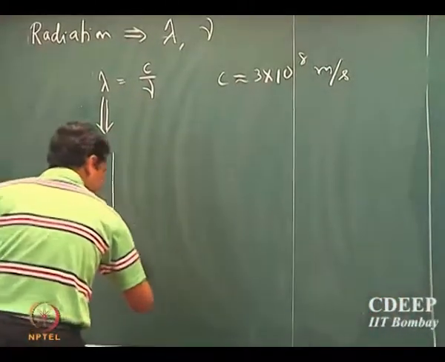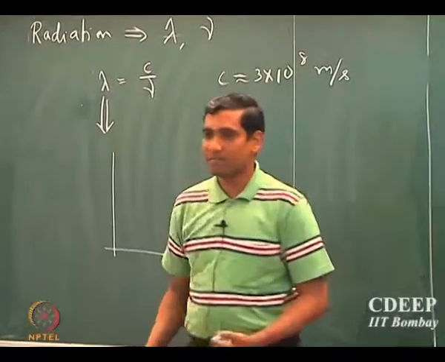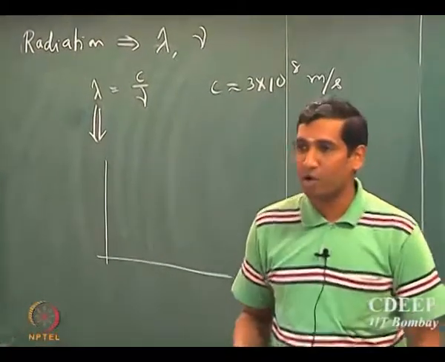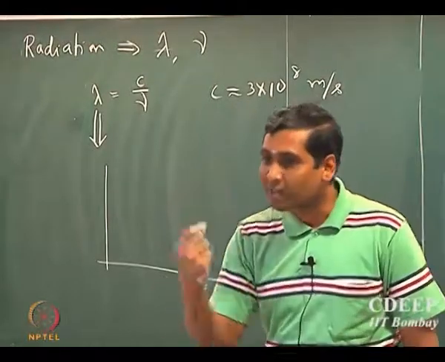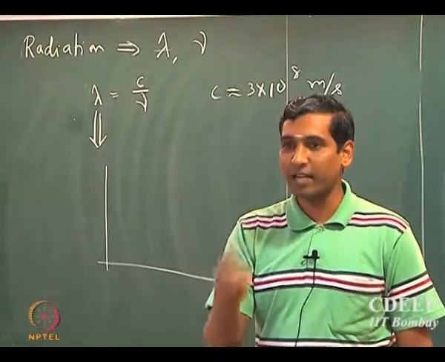So supposing I take a monochromatic radiation. When I say monochromatic, it means that the radiation is emitted at a fixed wavelength, a single color.